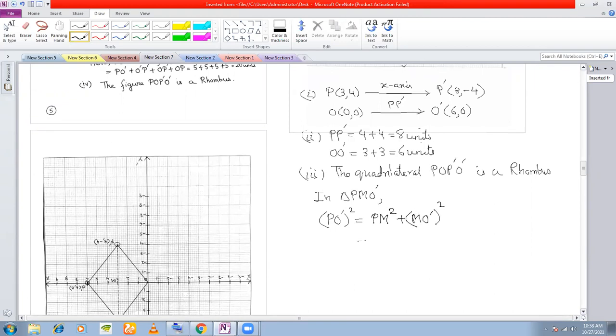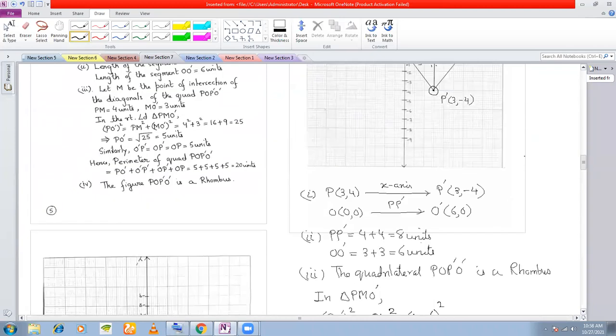Right? P M is 4 units, M O dash is 3 units, which is equal to 25. So therefore P O dashed is square root of 25, which is equal to 5 units.